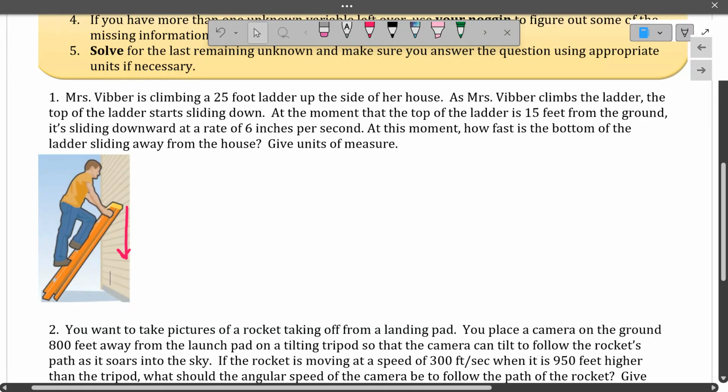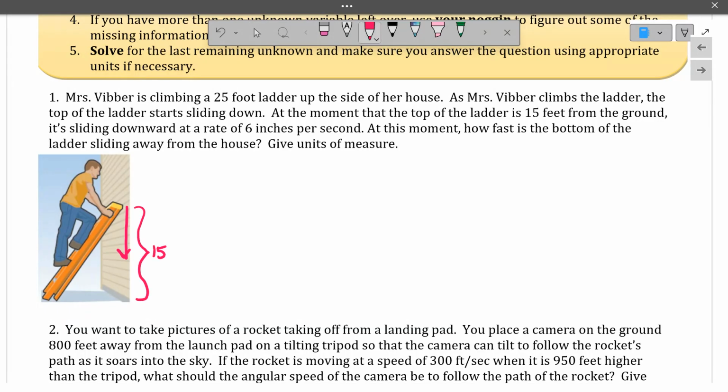And at the moment the top of the ladder is 15 feet from the ground, it's sliding downward at a rate of 6 inches per second. At this moment, how fast is the bottom of the ladder sliding away from the house? Give units of measure.